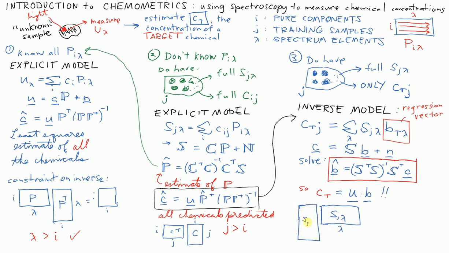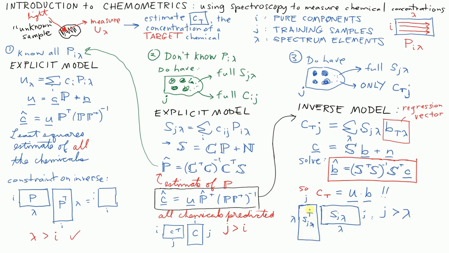If I have S_jλ transpose here, in order for this to be stable, we need to have J bigger than lambda, because if I put all the labels on this, you can say that when I multiply these matrices together, it's the J dimension that gets collapsed, and I end up with a big matrix, bigger than the matrices that went into making it.